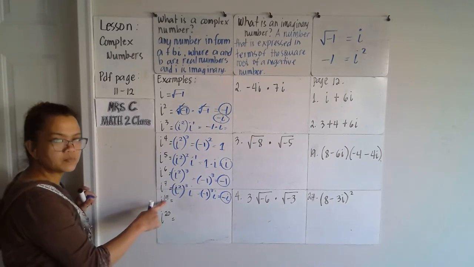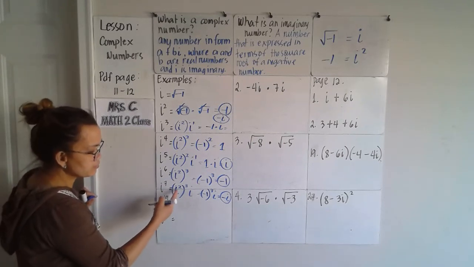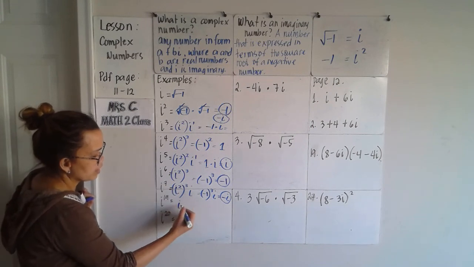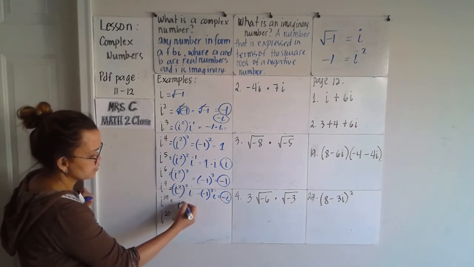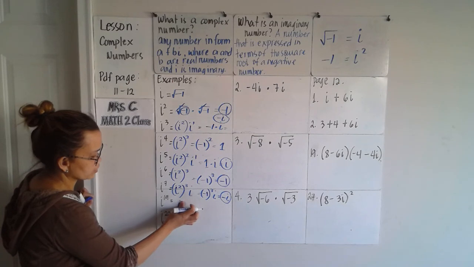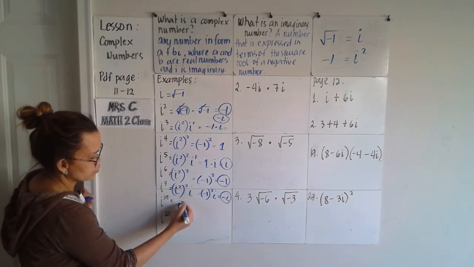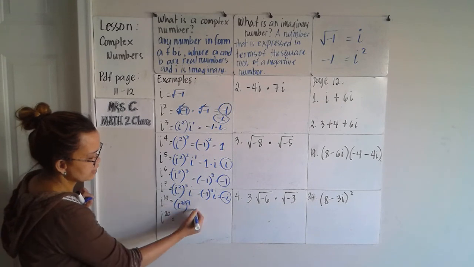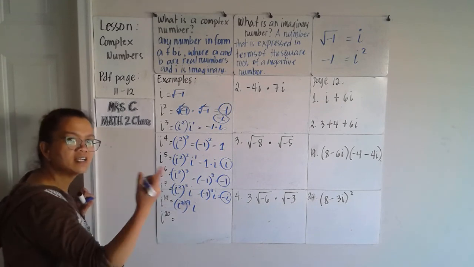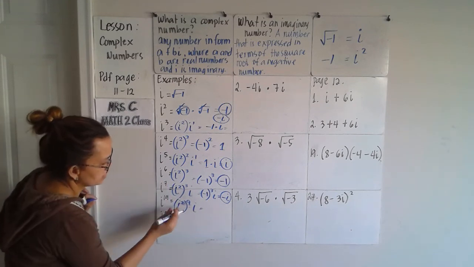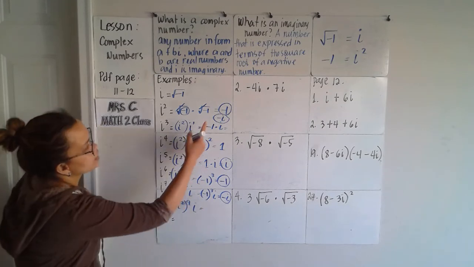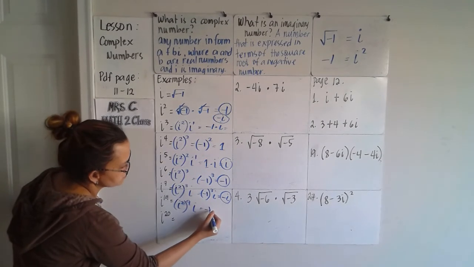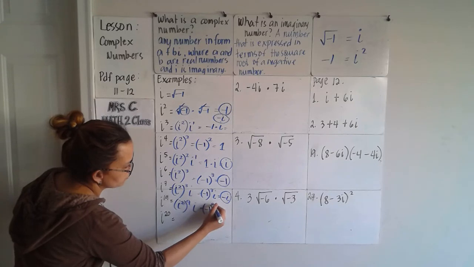What about if it is a bigger number, like 19? Same thing, we're going to split it. It's i squared to the 9, because 9 times 2 is 18, and we're going to have one i left over. i squared is negative 1, so that will be raised to 9.